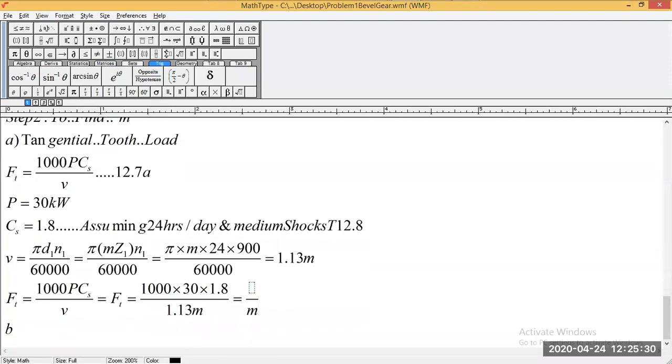We'll move on to part B. Part B of this step 2 is tangential tooth load using the Lewis equation.